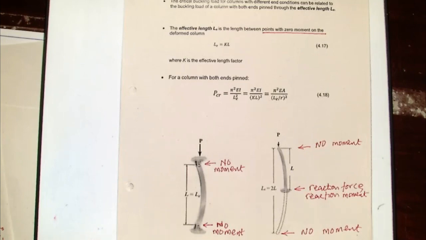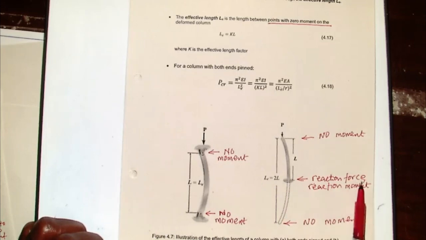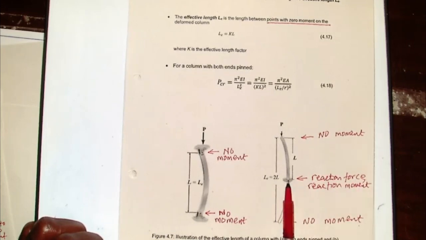So therefore, you will develop a reaction moment at that point, and you will develop a reaction force at that point. So for this one here, which is fixed at this point, that particular structure is not free to rotate at all at that point because it is fixed. So therefore, you will develop a reaction moment, and you will develop a reaction force. So at this location, you don't have zero moment. You have a magnitude of moment.